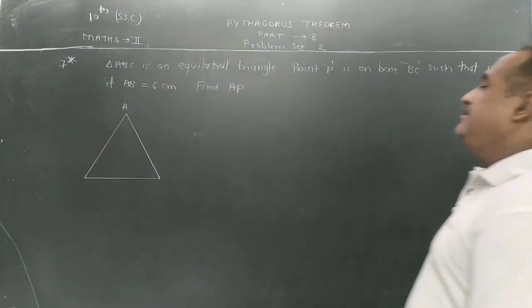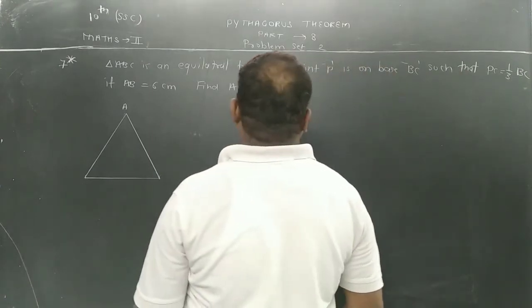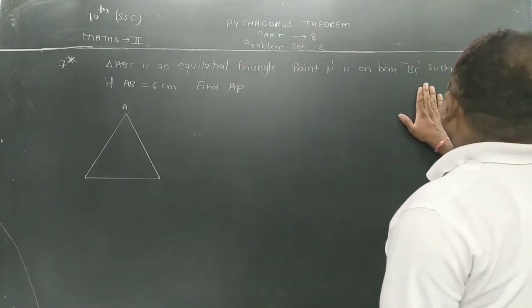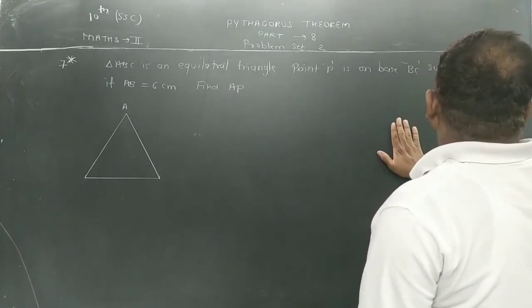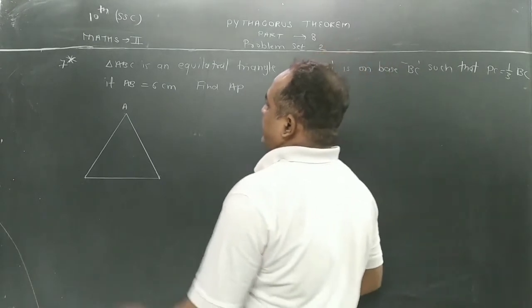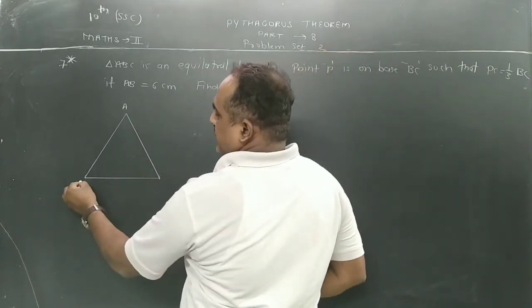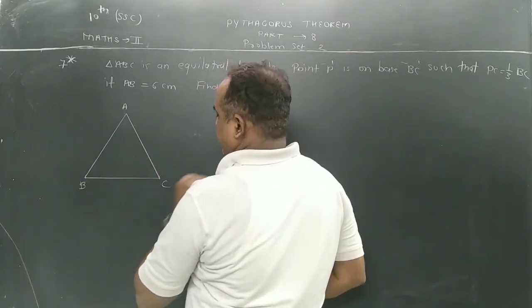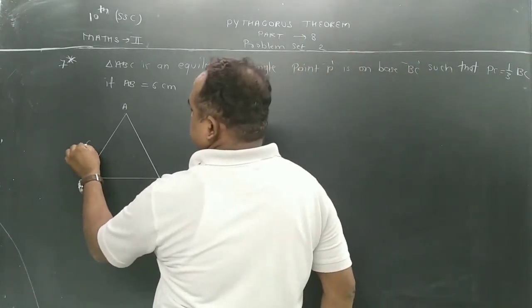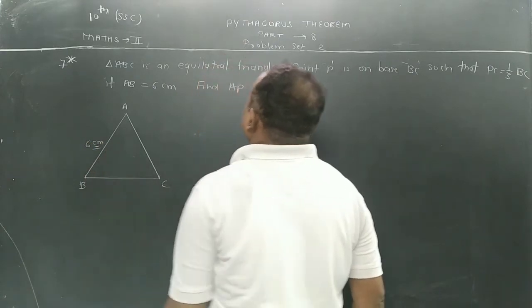Now, second question. Triangle ABC, the equilateral triangle again. Point P is on side BC and PC is 1/3 of BC. Find AP, if AB is equal to 6. I will take it as ABC. AB is equal to 6 centimeter.